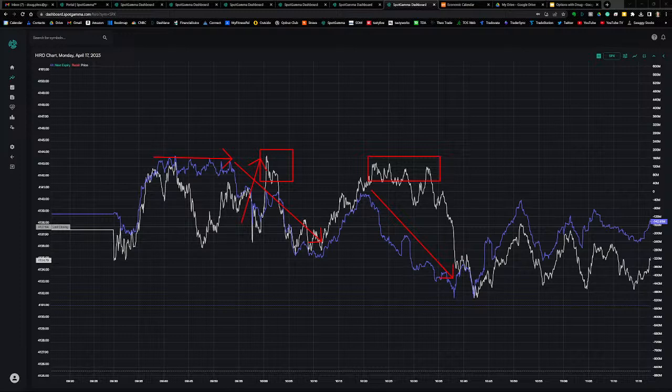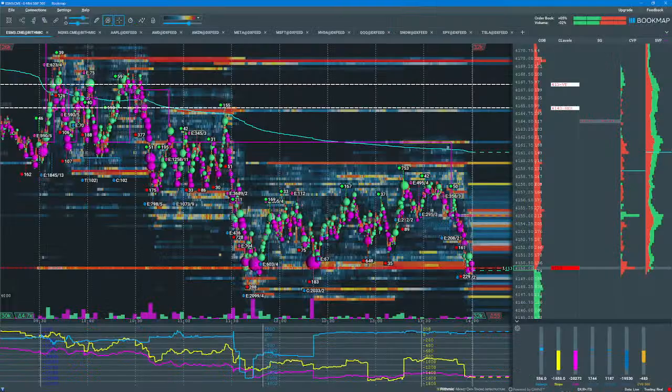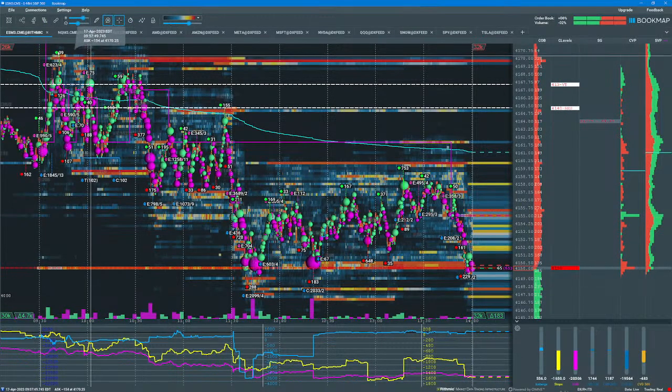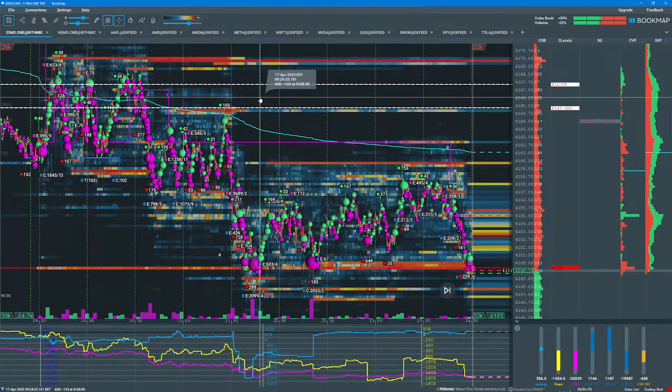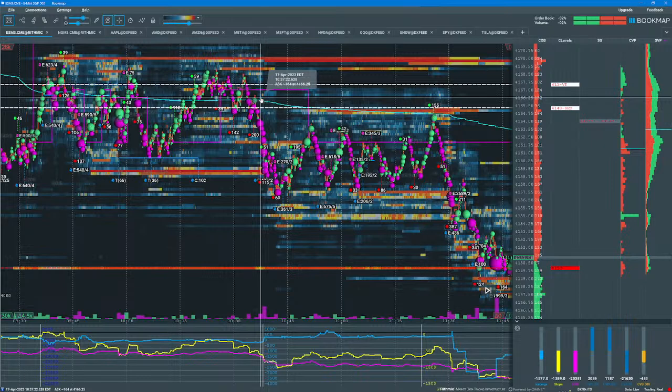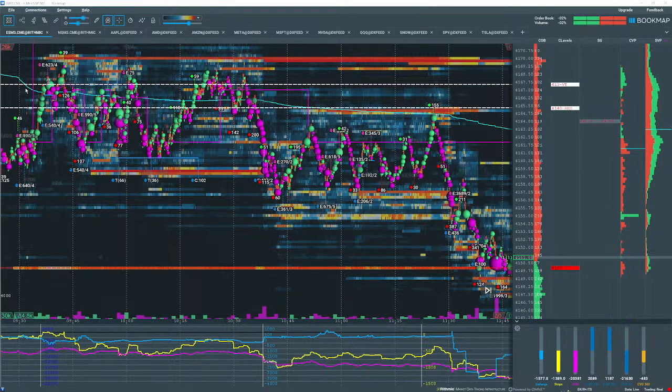So let's go take a look at Bookmap now. Those setups were around 10 a.m. and 10:30. I'm going to zoom in. So here are the short setups.